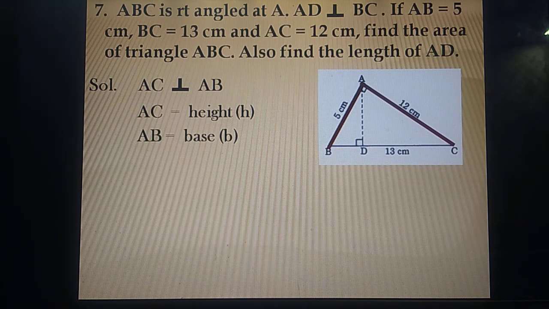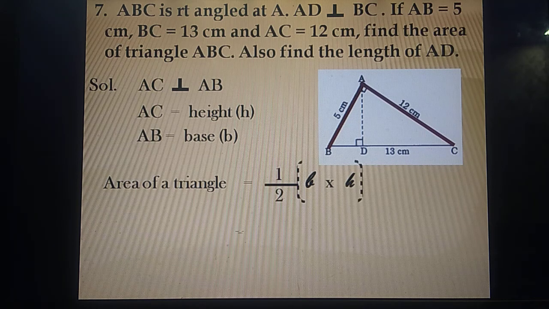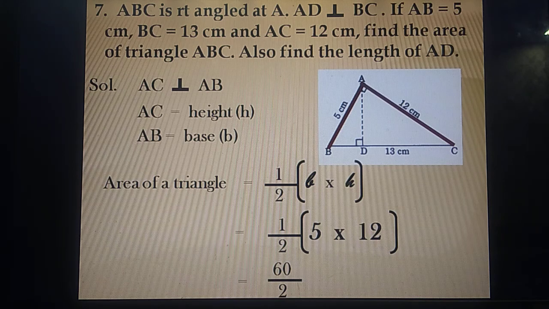Now, we will find the area of a triangle as half into base into height. Put the values here. Multiply them. You will get the answer as 60 upon 2, that is 30 square centimeter. Using this area value, we will find the second part, that is the length of AD.